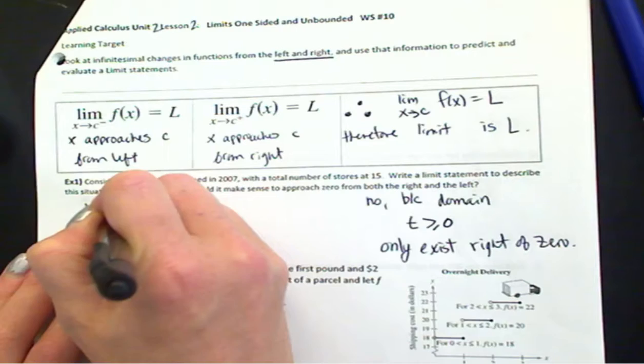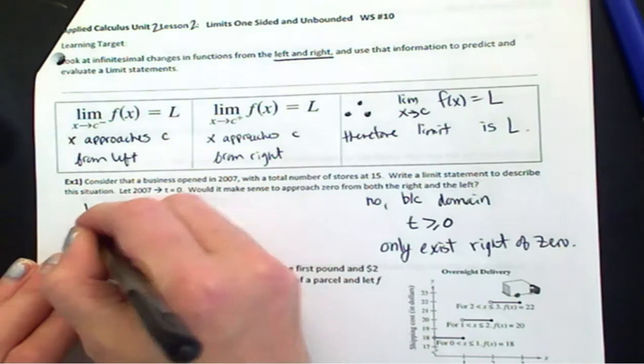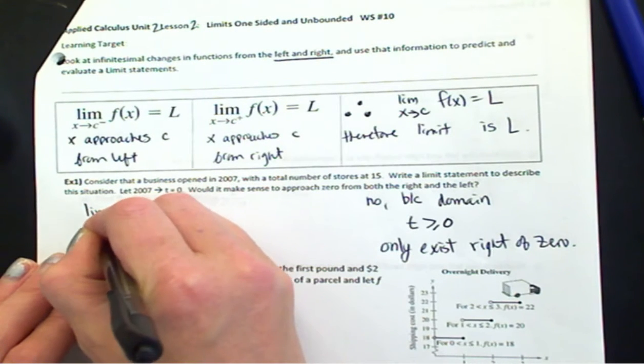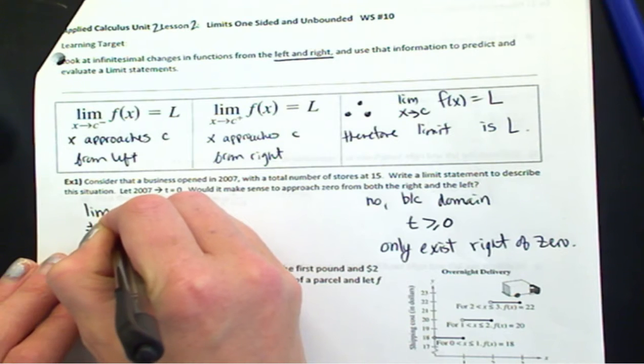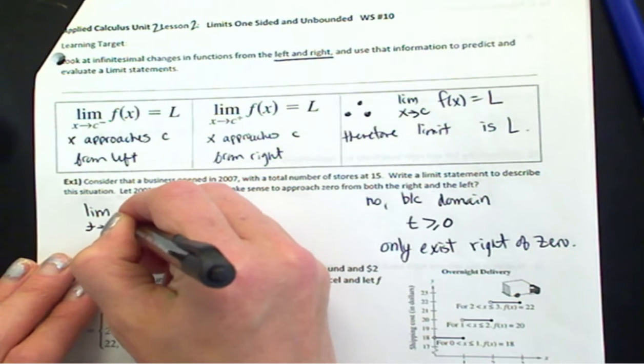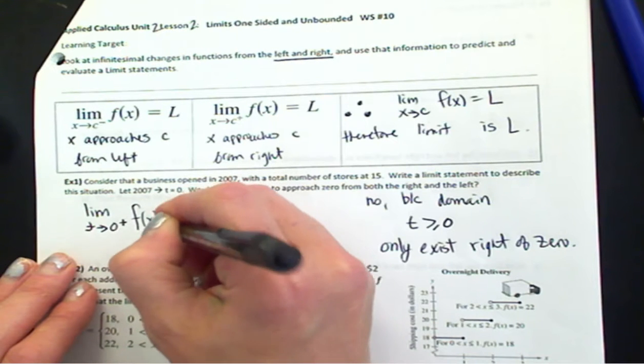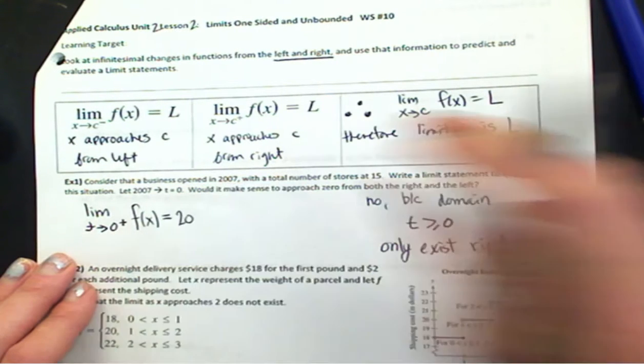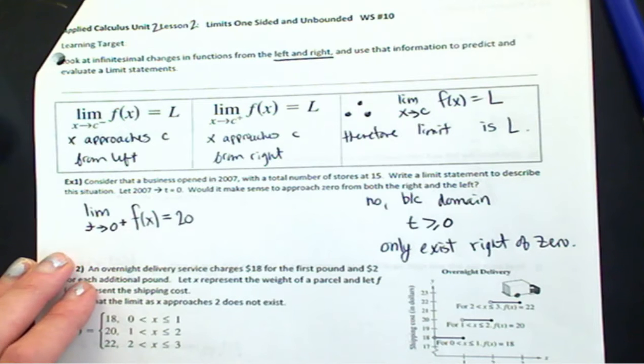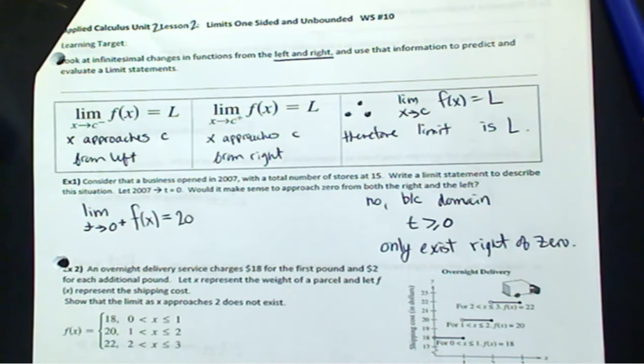The limit as t approaches 0 from the right of the function is, whoops, not 2007, 15.